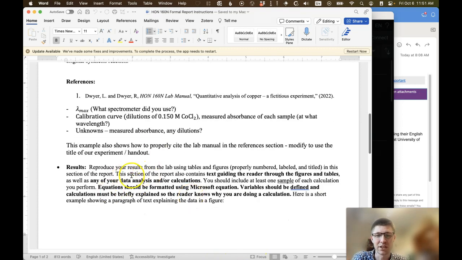Okay, then when it comes to results, since you had a lot going on, there's potentially a lot going on in the results section here. You just have to walk the reader through exactly what you did, thinking about, okay, you did these different experiments in order to measure the rate of release of acetaminophen, right?